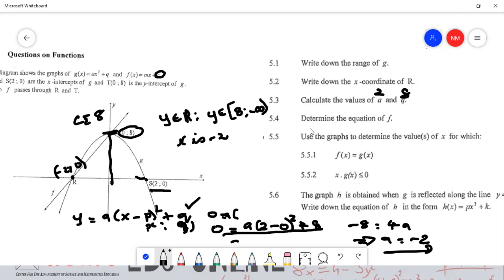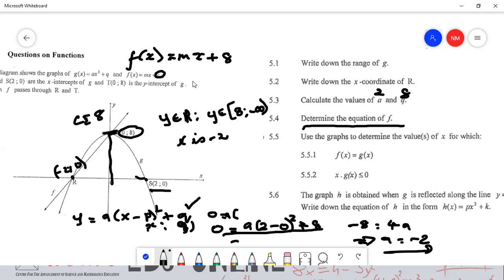So what is the equation of f? The equation of f, let us use this one: f of x is equal to mx plus 8. We know now the value of c is 8.